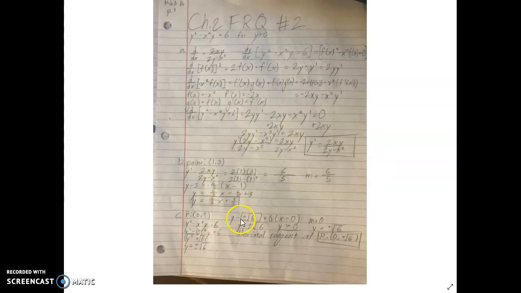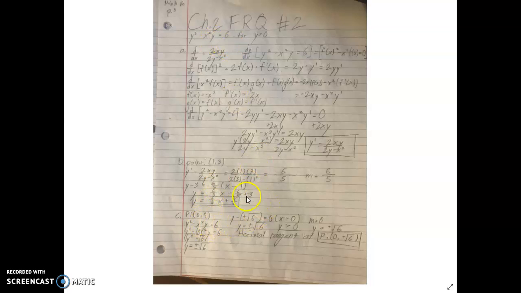What we need to do here is plug in 0, which is half of the point P we were given, back into our original formula, y squared minus x squared y is equal to 6.